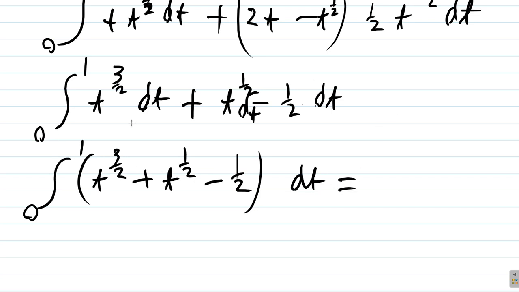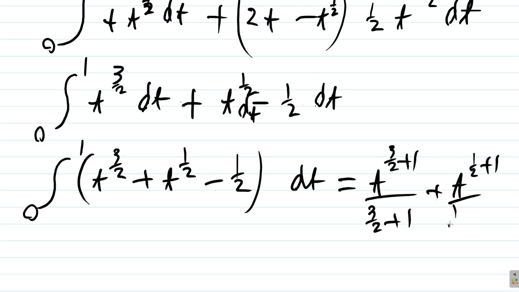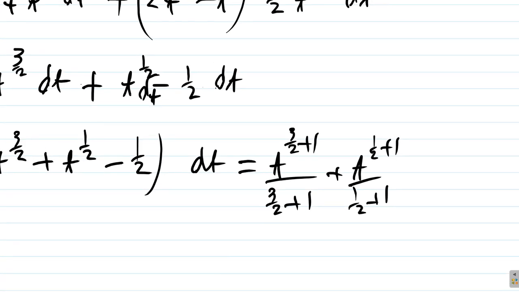Don't want to run out of scrolling space too early, so let me go across. This is t to the 3 over 2 plus 1 over 3 over 2 plus 1 plus t to the half plus 1 over half plus 1. You have to remember your power rule when integrating.